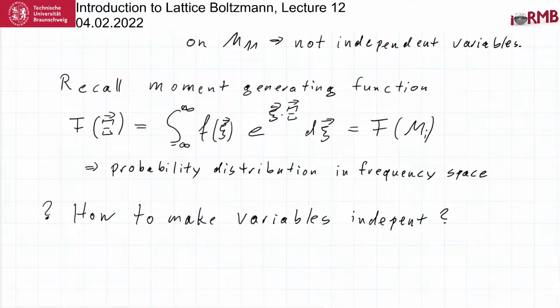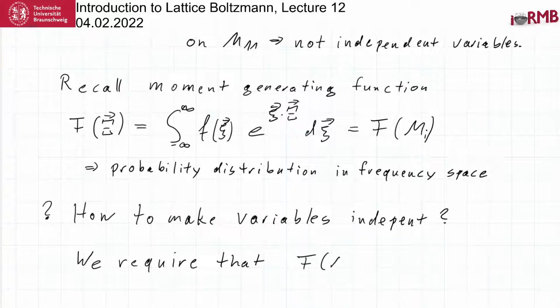In statistics, random variables are independent if their distributions factor. So we require that F of Mi, so this function, should be expressed as a product, so a factorization of an Fi of ci.